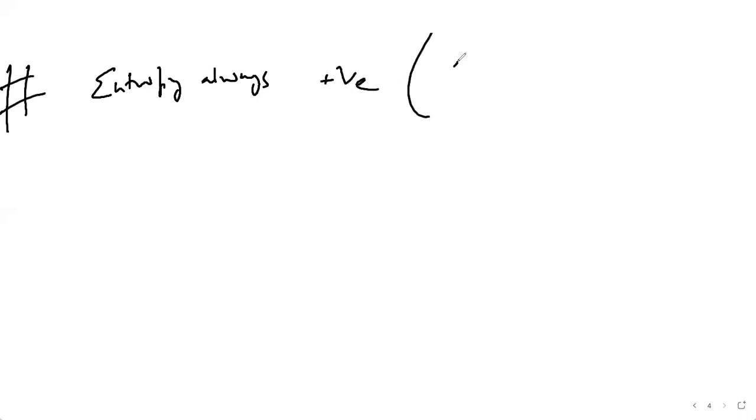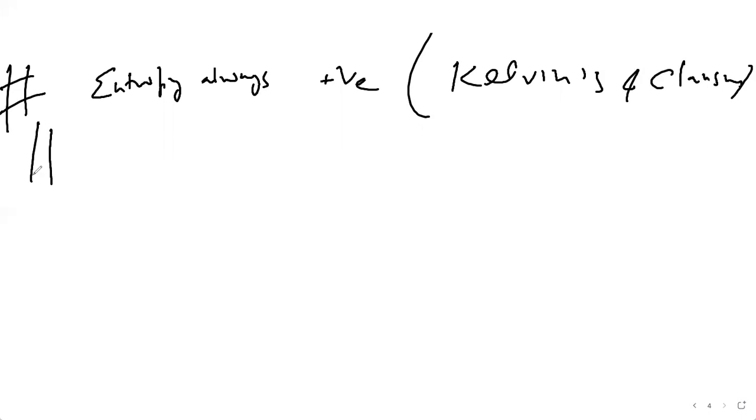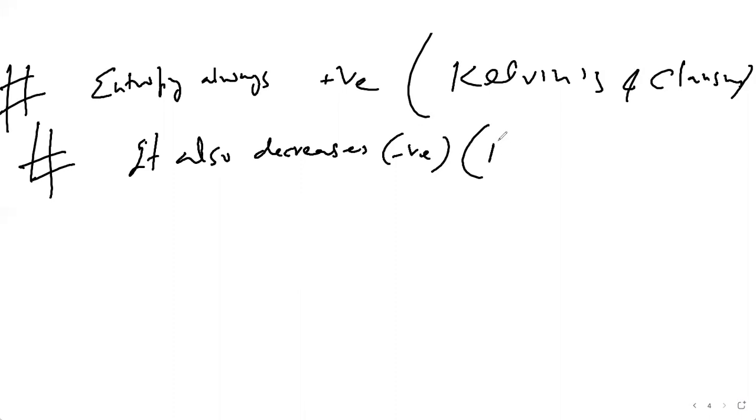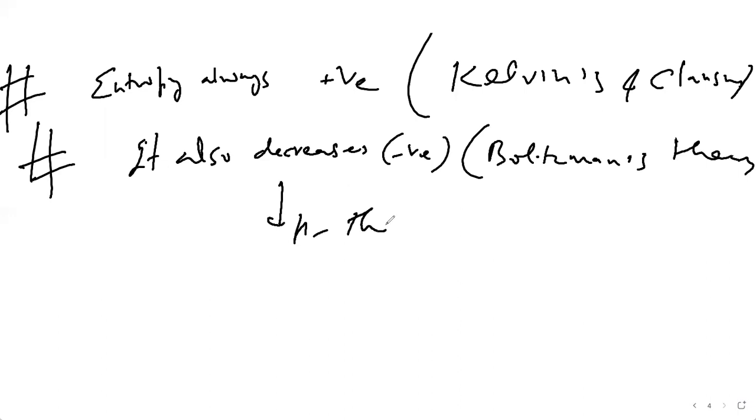But in the second one, entropy also decreases, that is, it turns out to be negative sometimes, and this is called Boltzmann theory. We will look at the H theorem, and then this will be more complete. तब ज़्यादा समझ आएगा वहाँ पे.